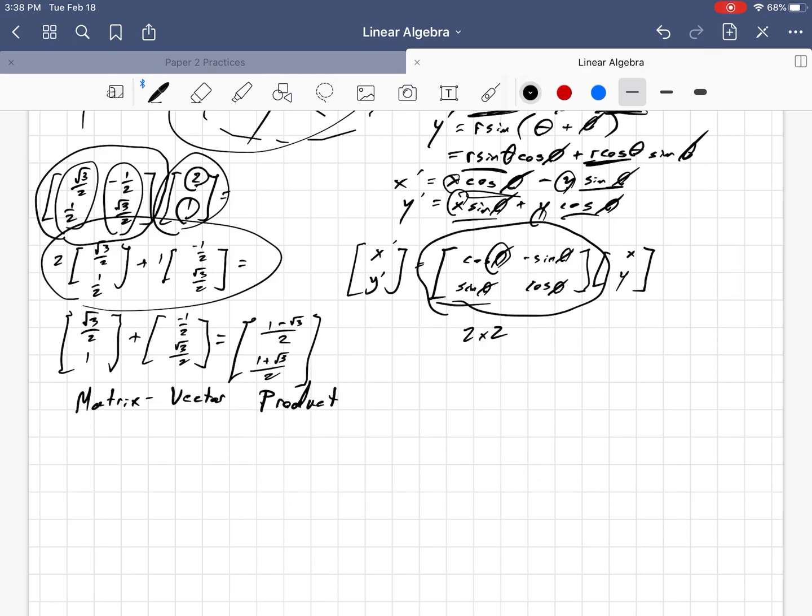So that's exactly what I did here. I took this coefficient, this scalar, multiplied by this column, and then took this scalar, the 1, and multiplied by that column. And because this is the form of a linear combination, I created a linear combination. And that's what we define the matrix vector product to be.